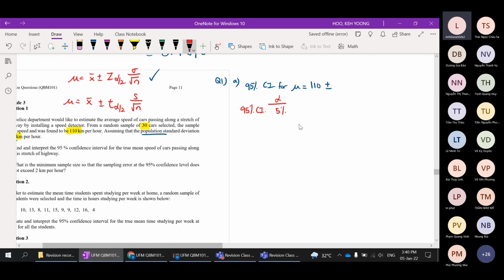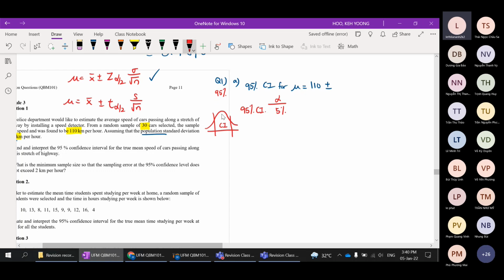Let me illustrate it with the graph here. The question will tell you the confidence interval. If the middle is 95%, what is the remaining amount? 5%, right? Because the total area is 100%.